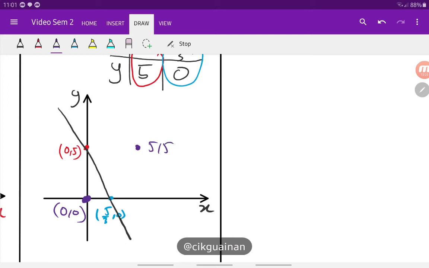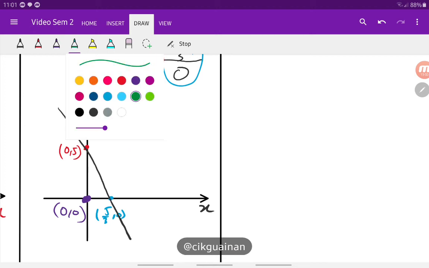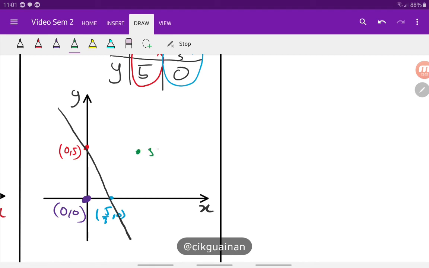I'll use a different color, the green one. But as I said just now, you cannot use a point that is on the line, for example the red one over here or the light blue one over here. Do not use them.